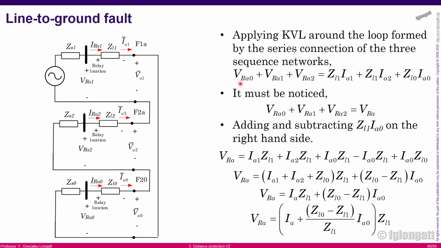However, you must realize that when you sum the zero sequence, the positive sequence, and the negative sequence of the voltage at the relay location, what you get is the voltage of phase A at the relay location.